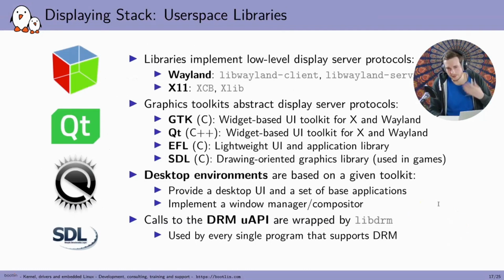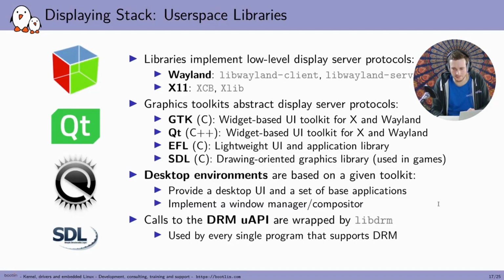Okay, so now in this slide, I'm just giving you a list of different libraries that can be used in Userspace to communicate with the display servers. There are some low-level libraries like libwayland client and libwayland server for Wayland, and XCB, which is the latest X11 protocol implementation, and XLib, which is the old one.